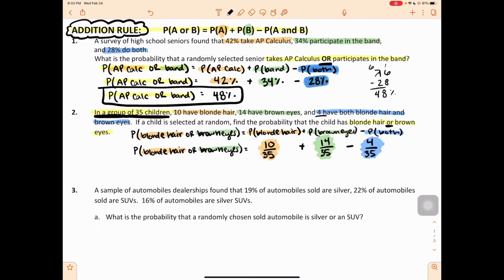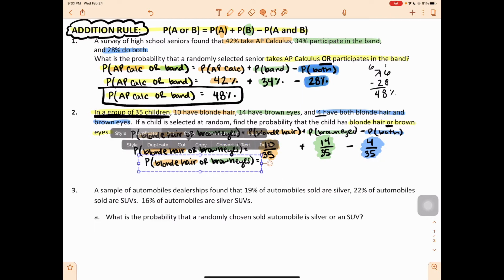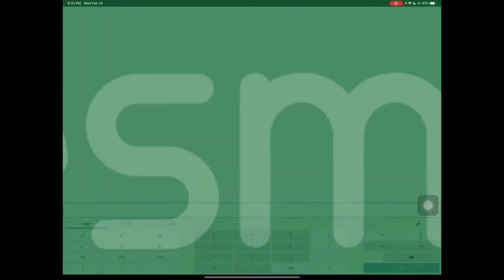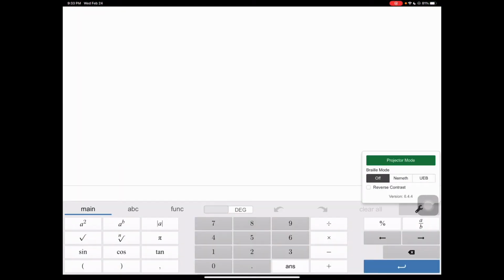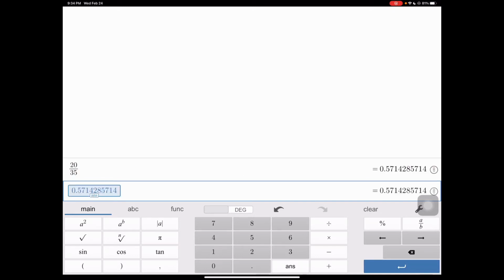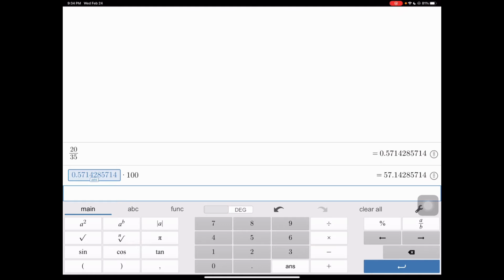So if you were to add 10 plus 14, you should get 24, minus 4 will be 20. So now we know that the probability of one of those students being selected at random and having either blonde hair or brown eyes is going to be 20 out of 35 students. Now to find the percentage here, go to your calculator and do 20 divided by 35, and then multiply that answer by 100, and that'll give us the percentage.